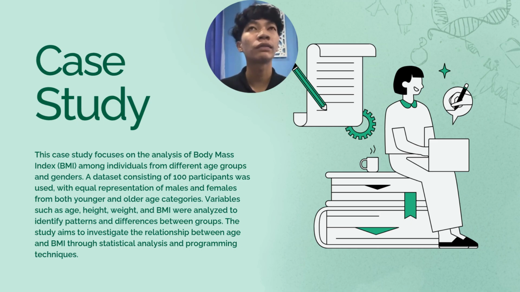So we collect data from 100 people to get this data. The data set is divided equally into 4 groups: male age 10 to 19, and then above 20. Female 10 to 19 years old, and above 20 years old.